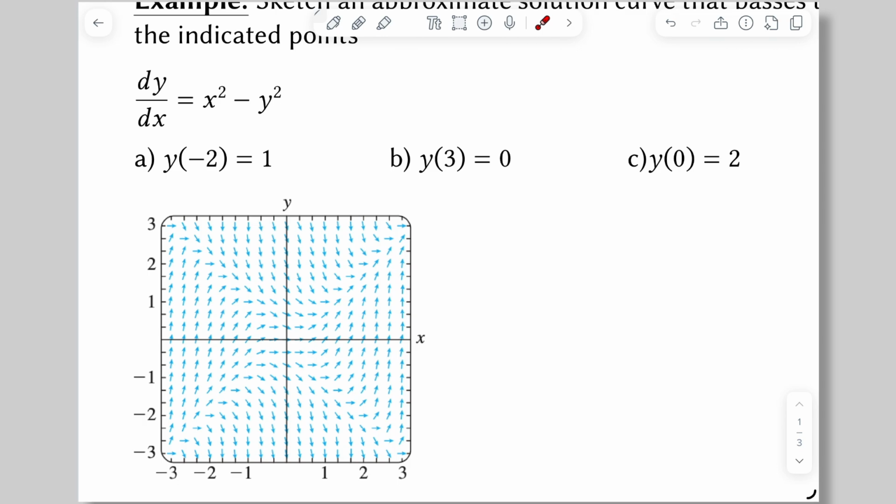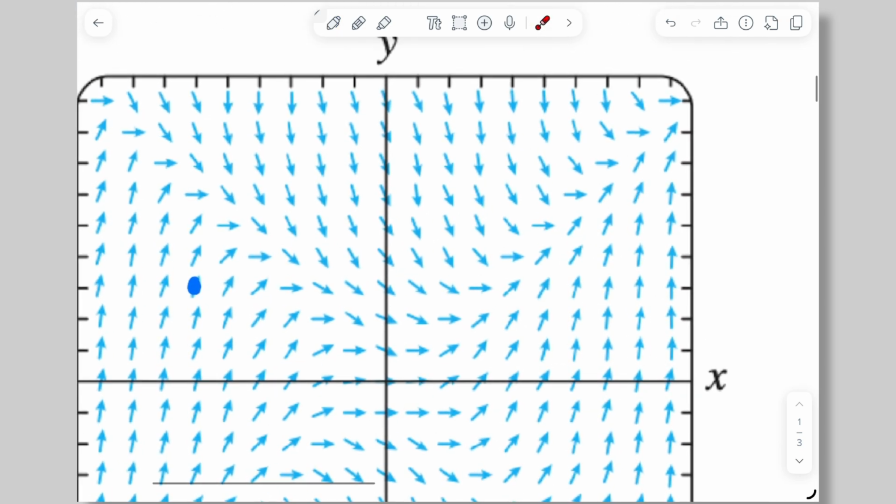Our task is, given an initial condition like y of -2 equals 1, figure out what the curve looks like that goes through that point. Well, the first thing we're going to do is plot -2, 1. And then that little segment that I put that dot on is a slope of a tangent line, and so right there the tangent line would be going up, looks like at about a 60-degree angle.